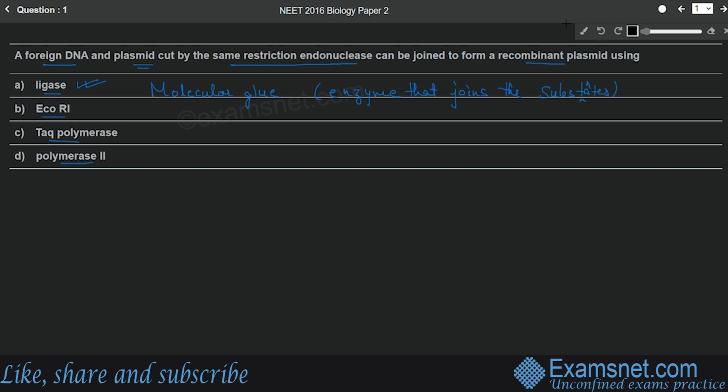And in this case, the DNA has to be joined, right? So here T4 DNA ligase is to be used for joining the ends of DNA fragments. So option A will be the correct answer.